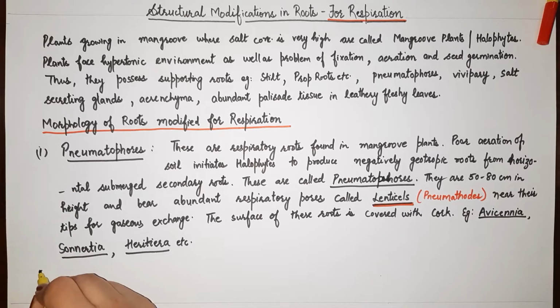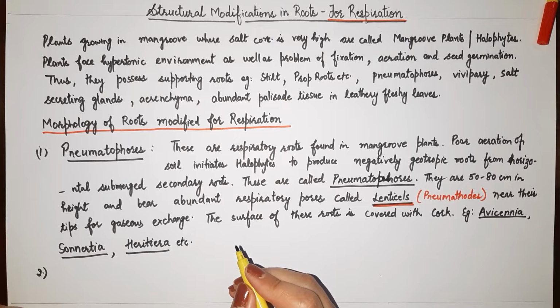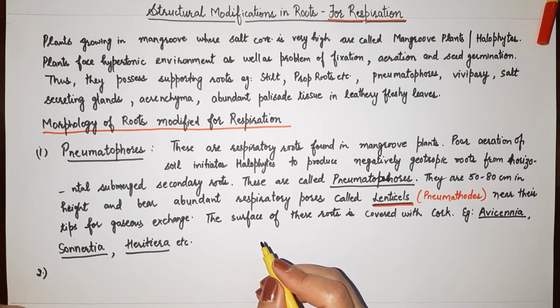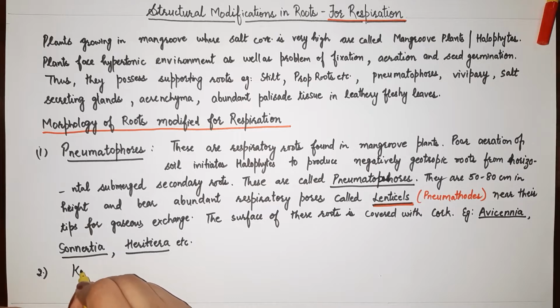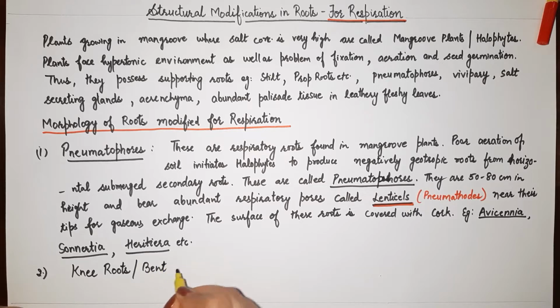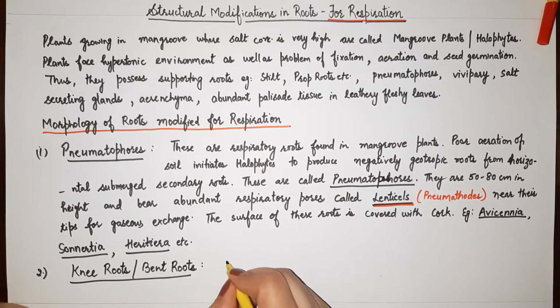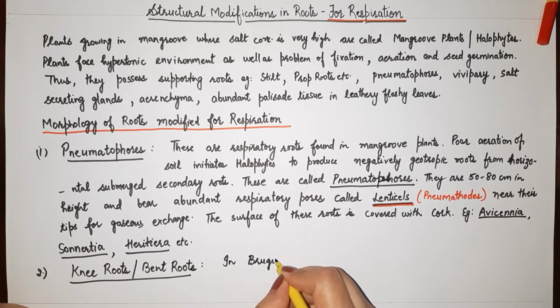Okay. Now, the second is the presence of horizontal roots which are called the knee roots. These are knee roots or bent roots. They are also formed for respiration in mangroves, and the typical example is Bruguiera.